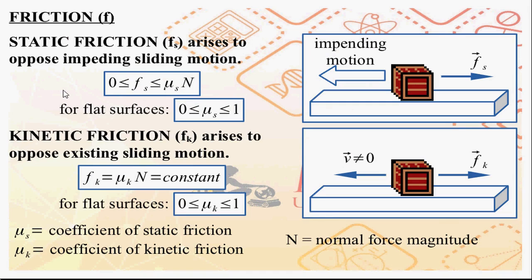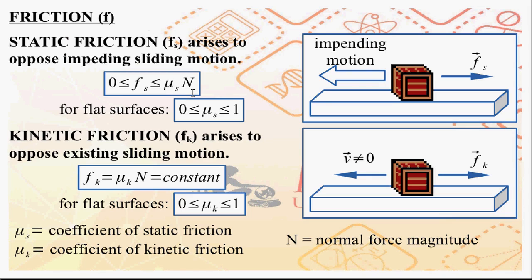As far as our course is concerned, when we say friction, we are talking about sliding friction, friction that opposes sliding motion. Again, friction, vector small f, is sliding friction, friction that opposes sliding motion.